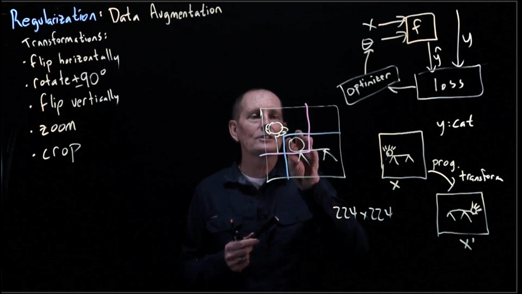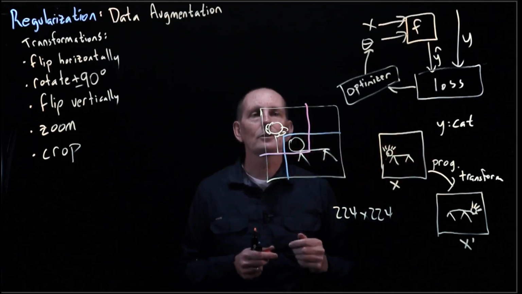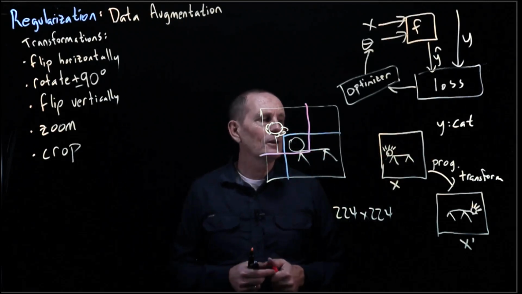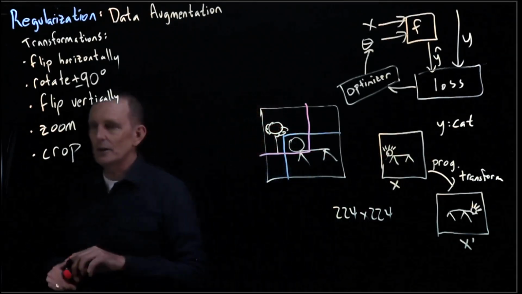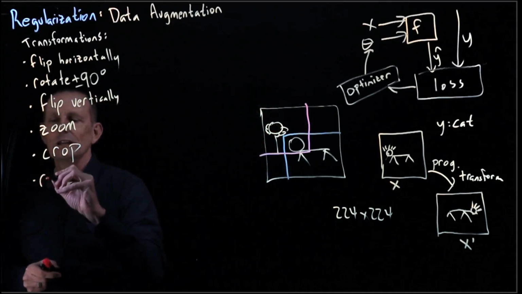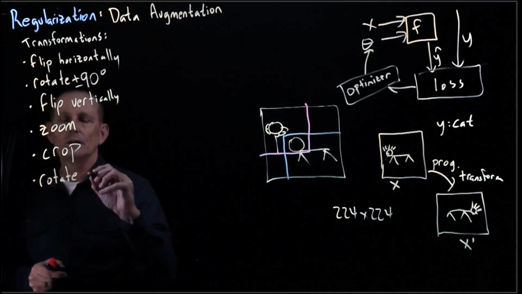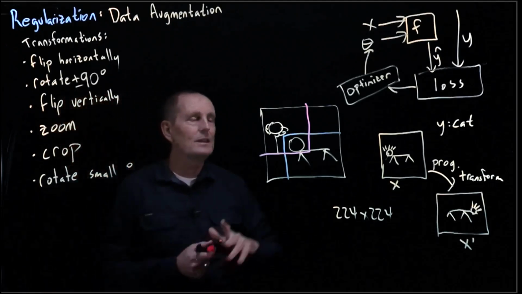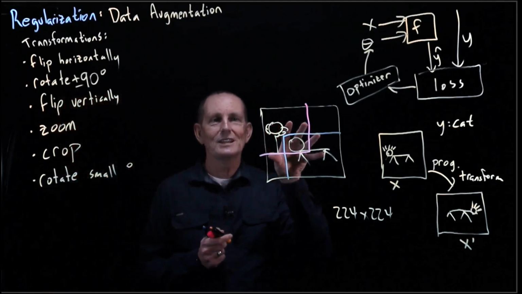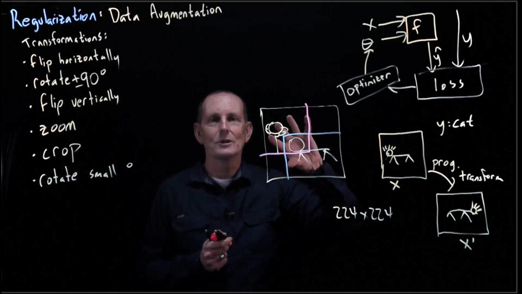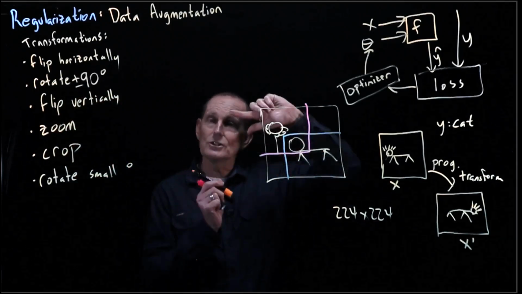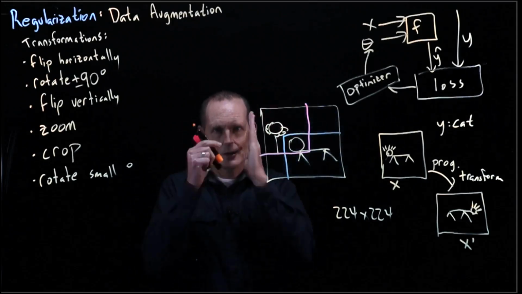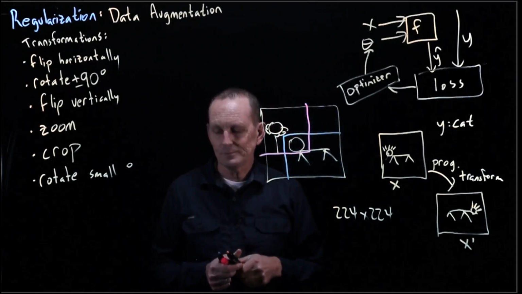Maybe we take a small portion of this and expand that out, and it's 224 by 224. So we can do zooming, we could do cropping. What else could we do? We could possibly do rotating for small degrees. So maybe 1 or 2 or 3 degrees clockwise, or 1 or 2 or 3 degrees counterclockwise, which does capture the fact that when one is taking pictures, it's not always completely 100% vertically aligned.